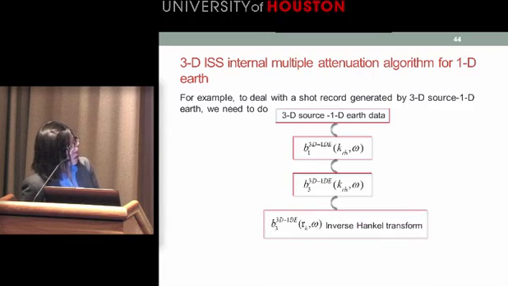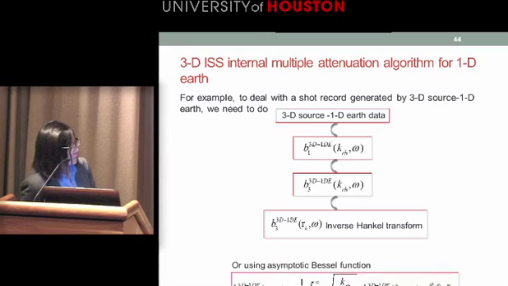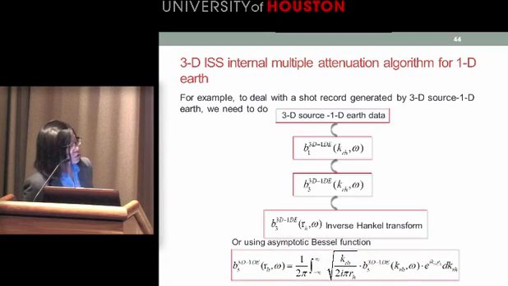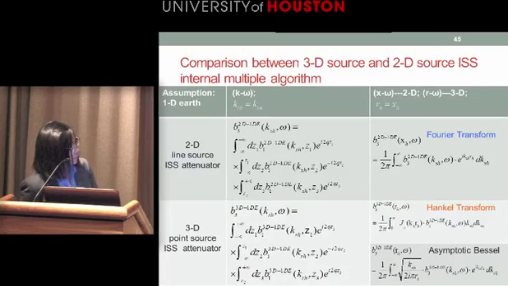After you have B3, you need to do the inverse Hankel transform. Or if you consider the computational cost, you can use the asymptotic Bessel function, which gives you a Fourier transform kernel here, which can reduce the computational cost. But basically, this asymptotic Bessel function is a far-field approximation.